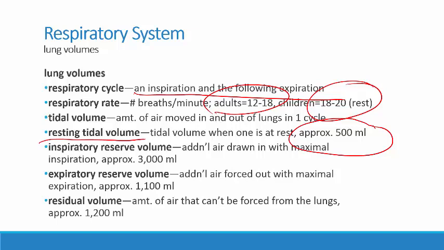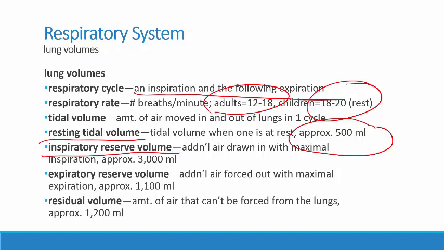Women tend to have smaller lungs, and shorter people have smaller lungs. So size and sex both have a large influence on lung sizes and lung volumes. So if you do a resting tidal volume kind of breath in, get in your 500 milliliters, and then you really get the external intercostal muscles engaged, and breathe in as much as you possibly can, we talk about the inspiratory reserve volume.